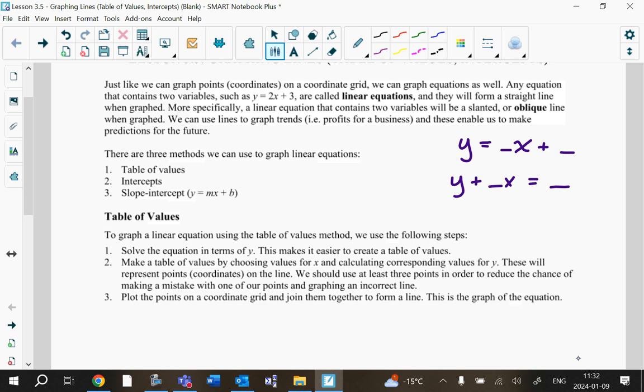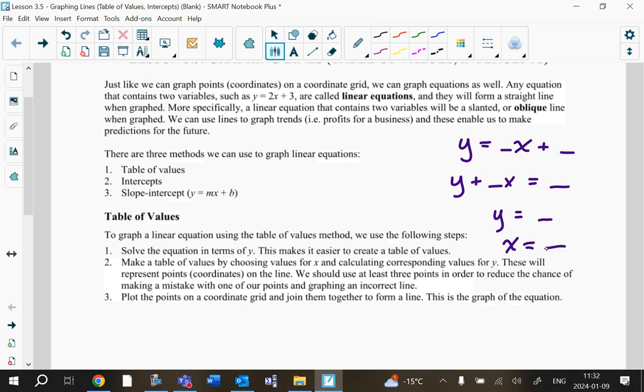It looks a little different because the x is over with the y, but we can still graph it. And when we have just y and x, when we graph them, they'll always form a line. We could have ones where it's just y equals some number. That's also a line, but it's a special type of line. An equation could just have x in it.